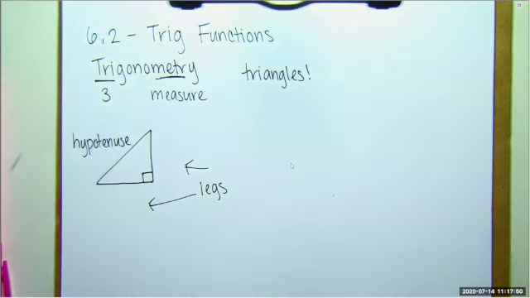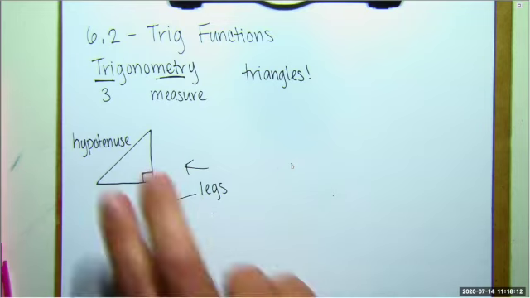And the legs have special names, but in order to name the legs, we always have to pick an angle of reference. Most of the time, the angle of reference will be implied by the problem. Usually it's the central angle that hits the origin when our angle is in standard position. Sometimes you have to pick the angle of reference yourself.